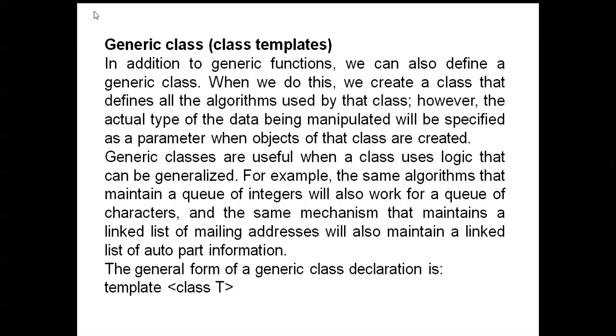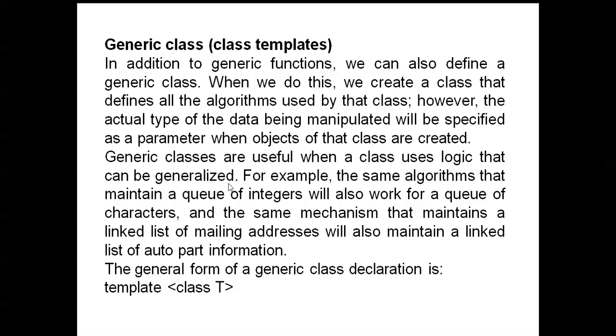In addition to generic functions, we can also define a generic class. When we do this, we create a class that defines all the algorithms used by that class. The actual types of the data being manipulated will be specified as parameters when objects of that class are created.